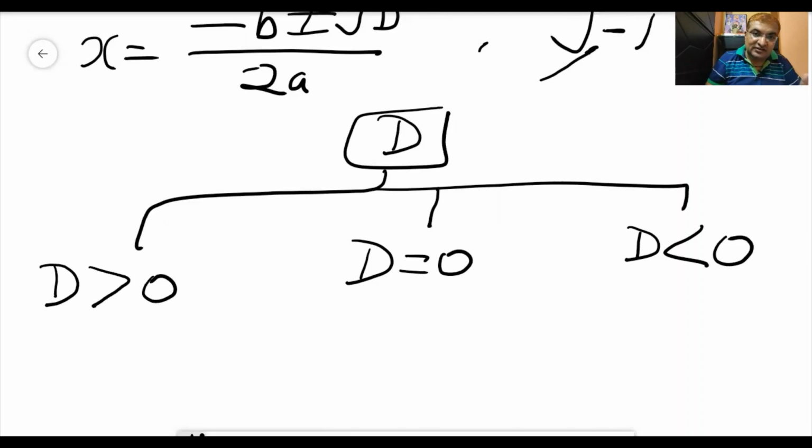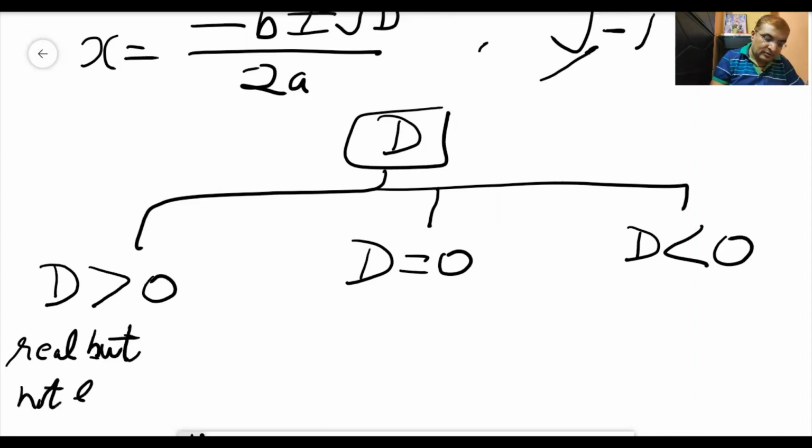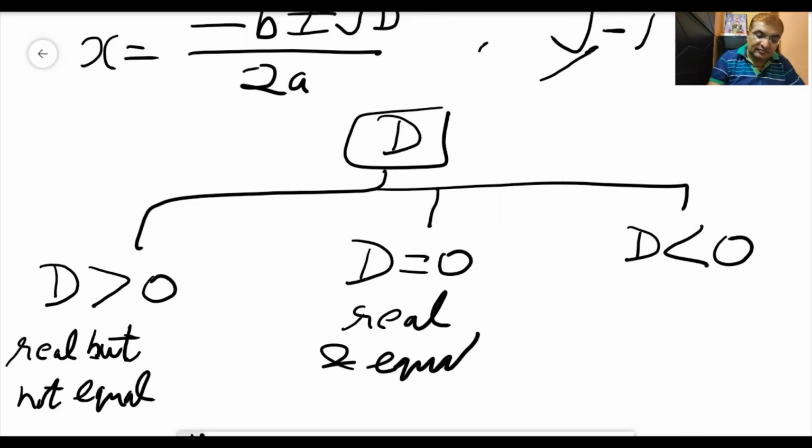Remember, when d is positive, roots are real but not equal. You can say distinct. Here in second case, we wrote roots are real and equal. We can call that as identical also.